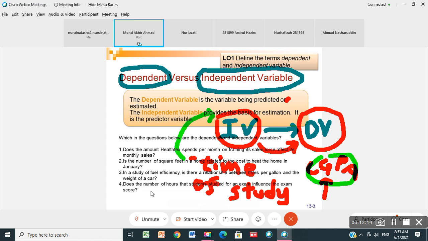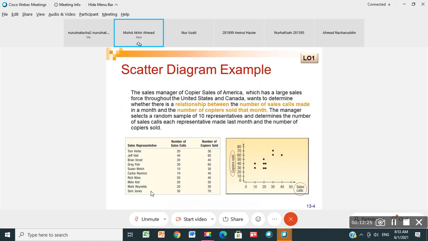In your research also, that means your individual assignment, what is your aim? What area do you want to study? Example. So now, first in correlation, we learn about the scatter diagram.